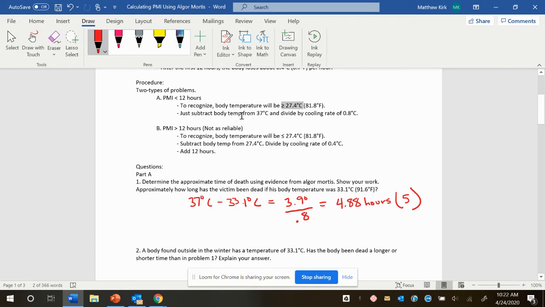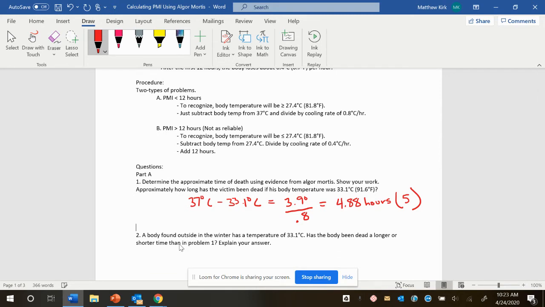So I take the body temperature that we measured and subtract it from 37. So 37 minus 33.1 tells us how much the body temperature changed. But I'm looking for hours here, so I divide by that cooling rate of 0.8. And that gives me my final answer of about 5 hours. Don't worry, I'll do some more like this.